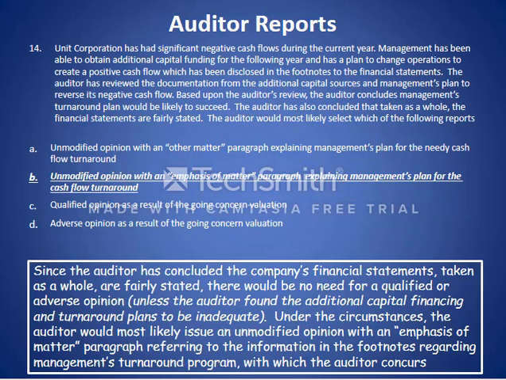Okay, the answer to number 14. Again, the question is, the auditor has concluded that, taken as a whole, the financial statements are fairly stated. The auditor would most likely select which of the following reports, and the answer in this case is B, an unmodified opinion with an emphasis of matter paragraph explaining management's plan for the cash turnaround.